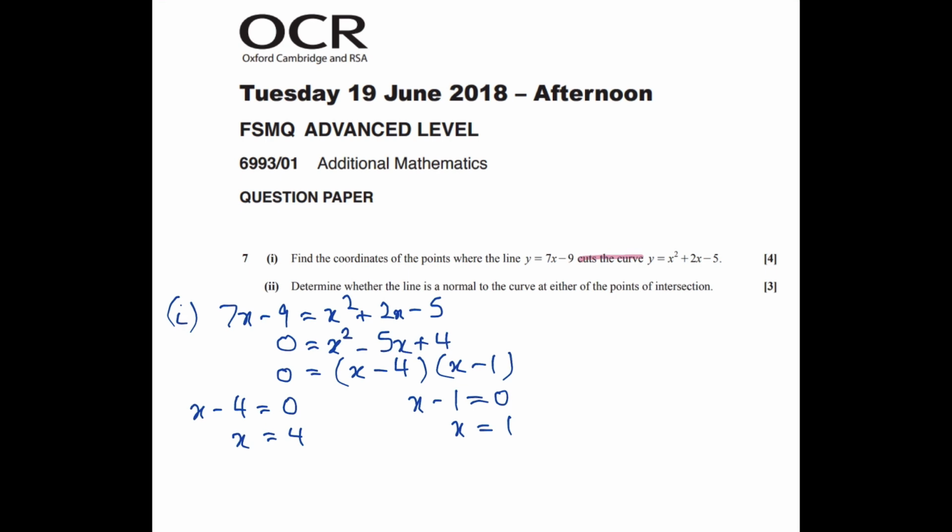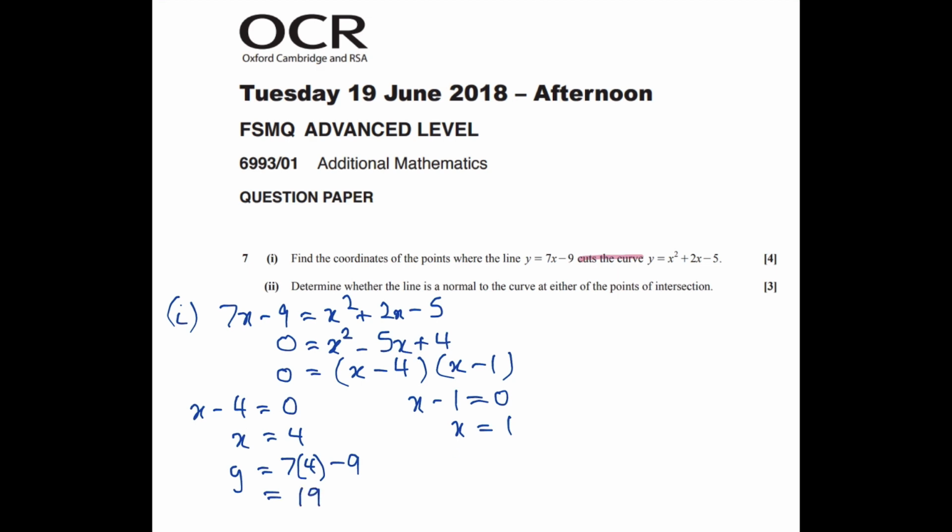So let's find the coordinates of each point of intersection. So I'm going to sub our x values into the line, I think that's going to be easier. So we'll have y equals 7 lots of 4 minus 9, which will give us 19.